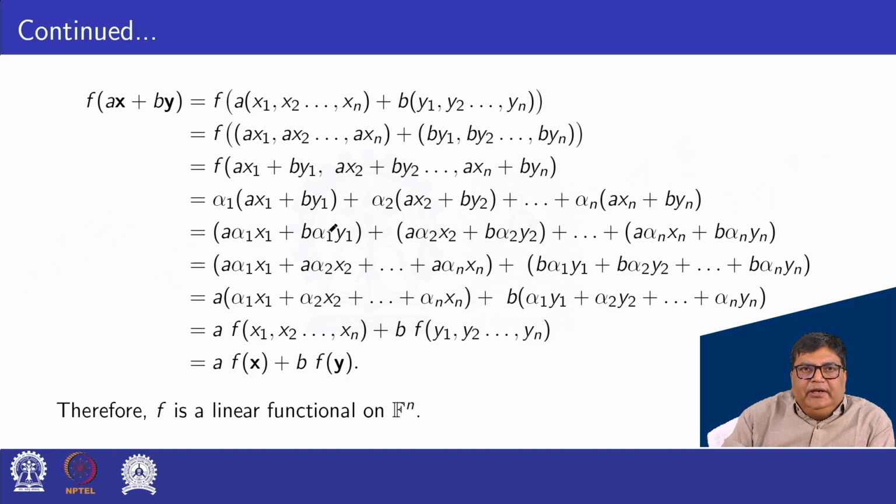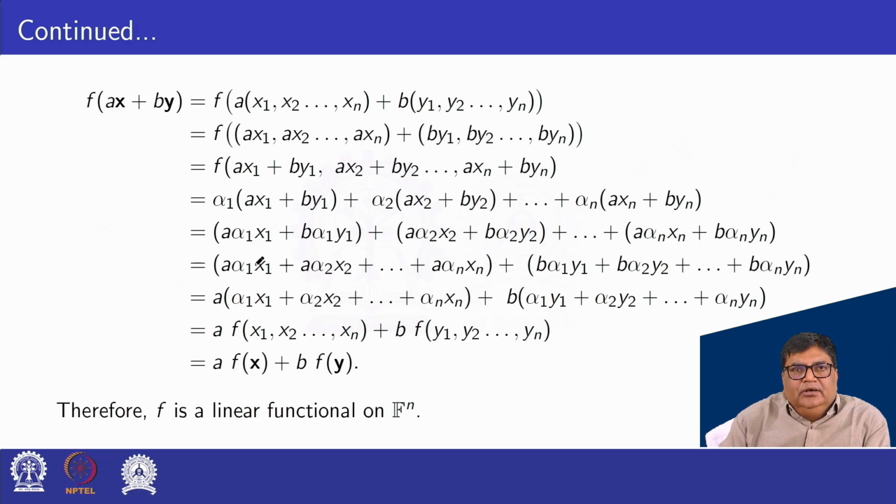And this can be written as a alpha 1 x1 plus a alpha 2 x2 plus and so on, a alpha n xn as one term, plus second term b alpha 1 y1 plus b alpha 2 y2 plus and so on, b alpha n yn.